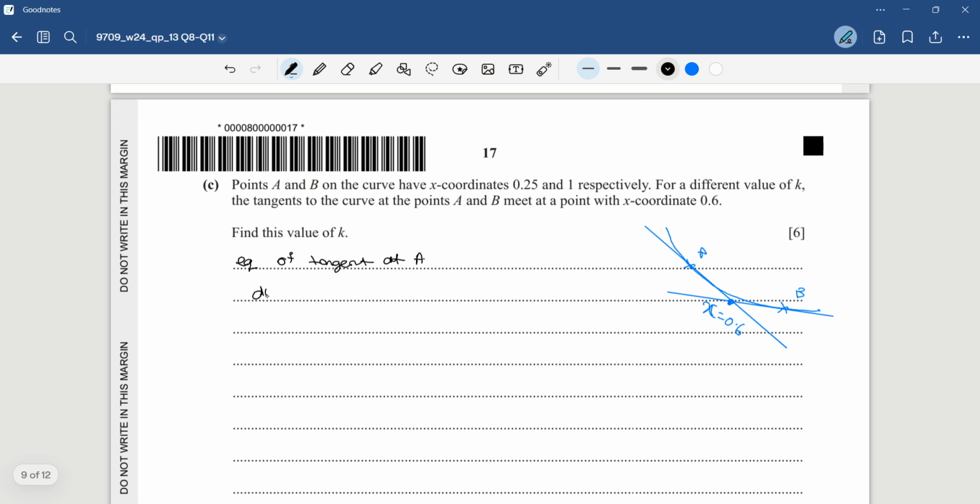So my dy over dx equal to 1 over 2 kx to the power of negative half, minus 8x.